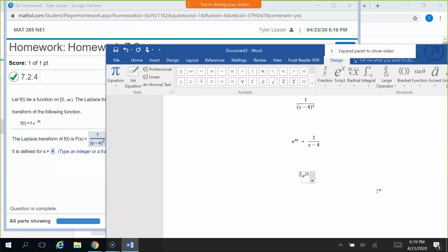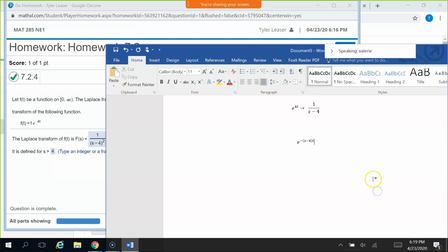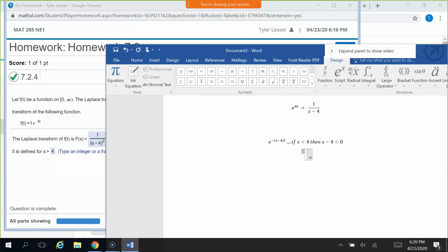For this part right here, the e to the negative (s - 4)t. If s is less than 4, then s minus 4 is a negative number, right? Which means that when you plug t to be infinity into this, you have the negative sign out in front, your parentheses is also going to be a negative something, and then your t is going to be infinity.